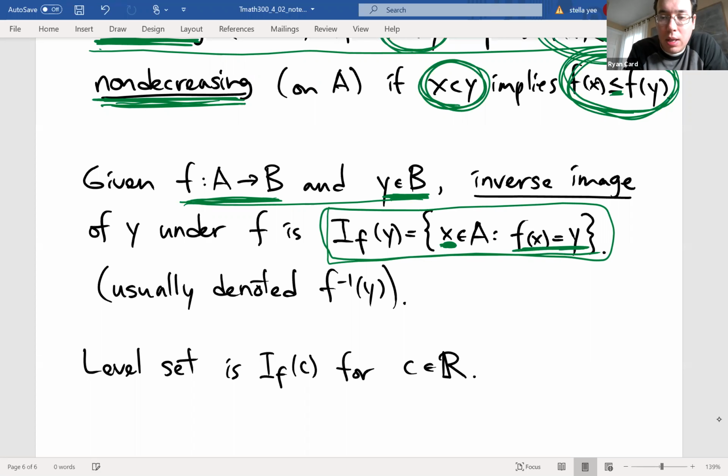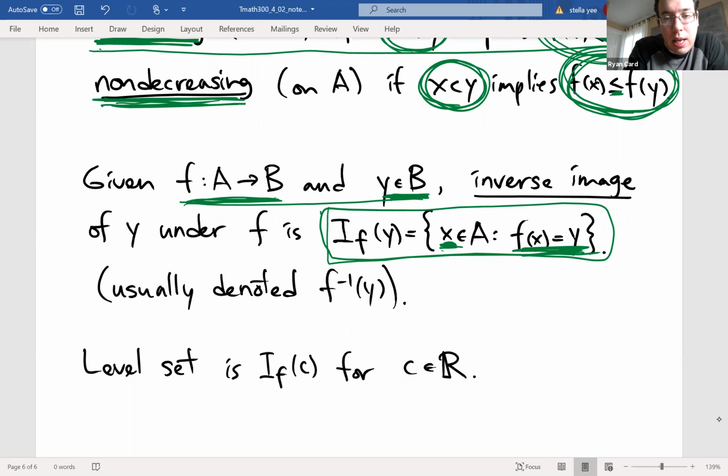So it's kind of going backwards. When we talk about image, you talk about all the possible outputs you can get from a given input set. If you're talking about inverse image, we're talking about all of the possible inputs that could give you that output y.